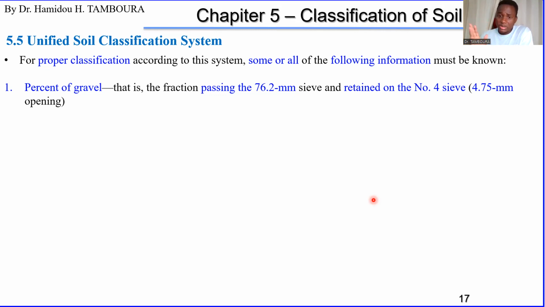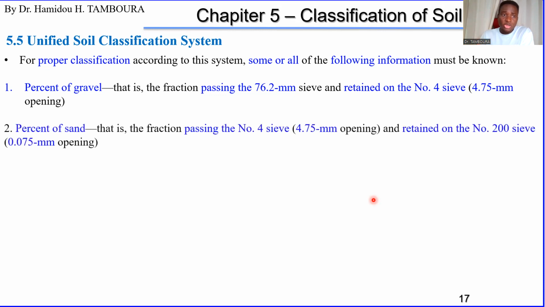I explained this at the beginning of this video. You need to know also the percentage of sand: what passes sieve number 4 but is retained on sieve number 200. That interval is sand.